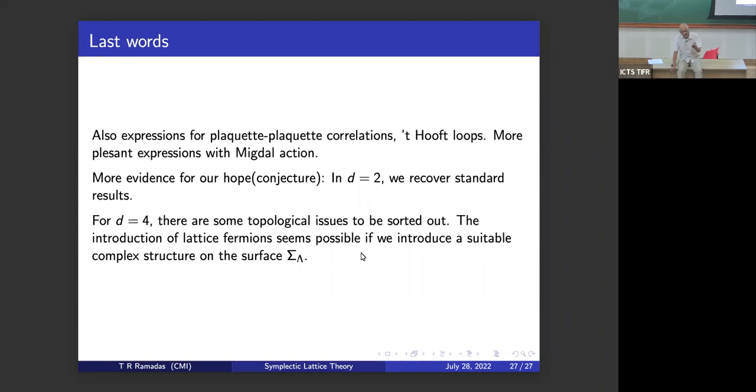And I told you where in D equal to 4 you run into trouble, because what works so nicely in D equal to 2 and 3 is that the plaquettes can be lifted to the surface as mutually disjoint loops. You can find mutually disjoint loops which under the retraction map to the plaquettes that you are interested in. Already in a D equal to 4 lattice, that is not possible. So I have to find ways of dealing with that.